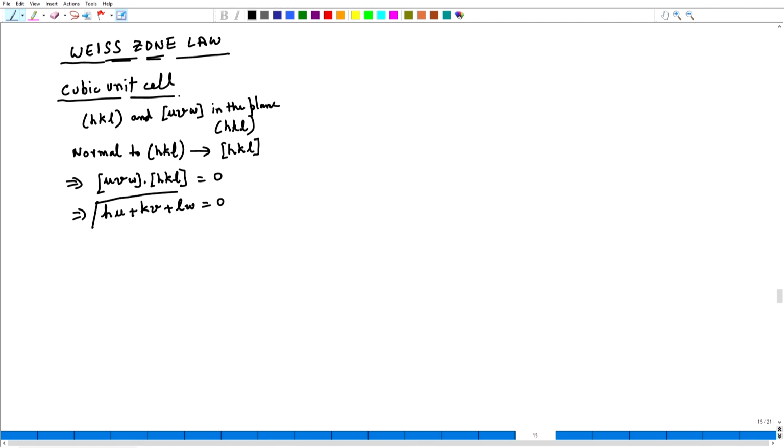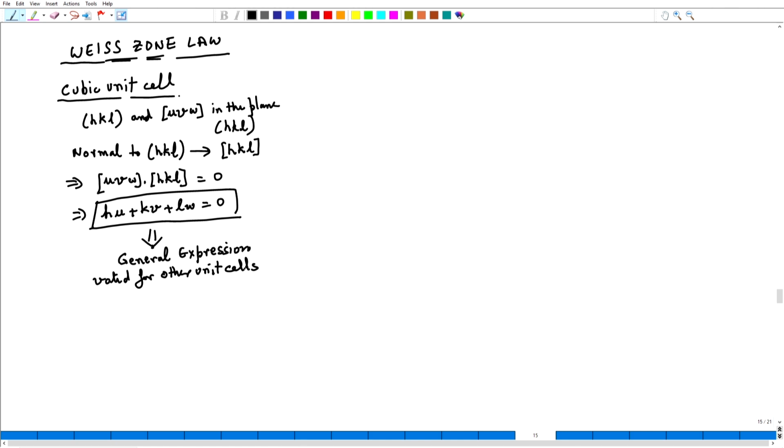Now, this I have specifically shown for a cubic unit cell, but this is a very general expression valid for other unit cells as well.